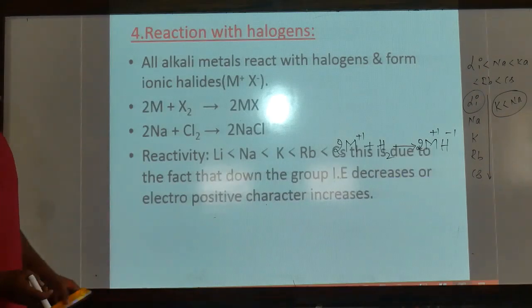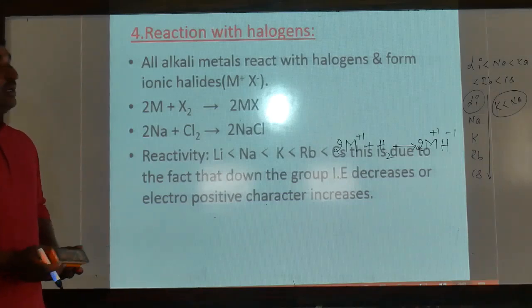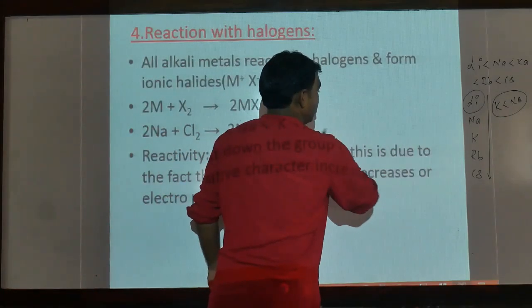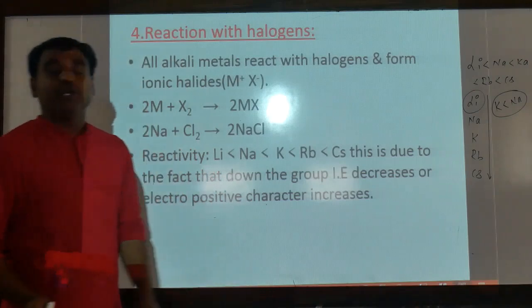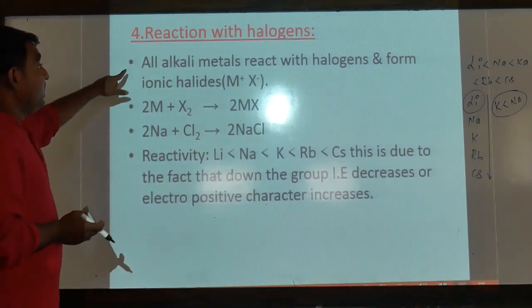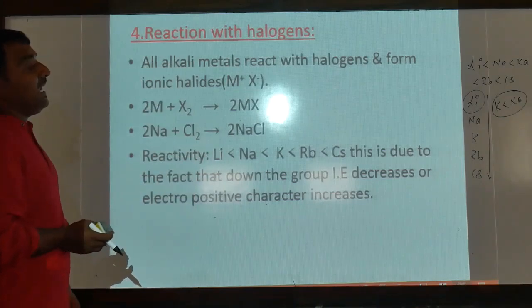And reaction with the halogens. The fourth chemical property of first group elements is the reaction with halogens. Halogens means the 17th group elements: fluorine, chlorine, bromine, iodine, and astatine, which is a radioactive element. All alkali metals react with the halogens and form ionic halides.